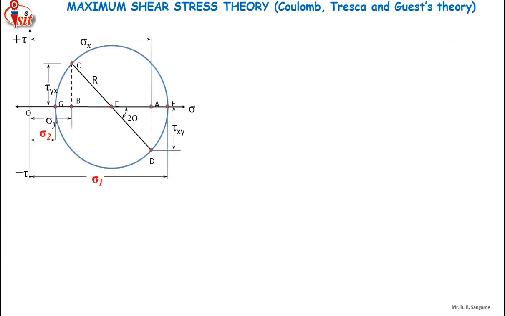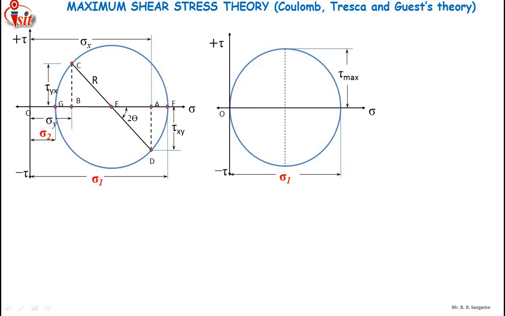Here is the figure of the triaxial state of stress, and according to the maximum shear stress theory, the figure will be like this, because as we have proved that sigma 2 equals 0, the circle passes through the origin. As already derived, the radius of the circle is the maximum shear stress. So the radius of the circle is tau max, and the maximum principal stress sigma 1 is represented on the x-axis.